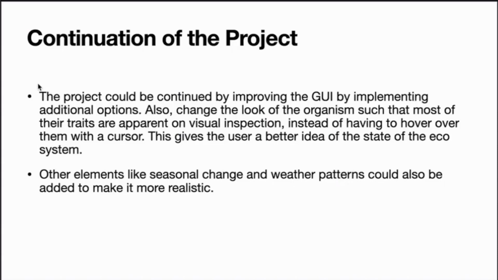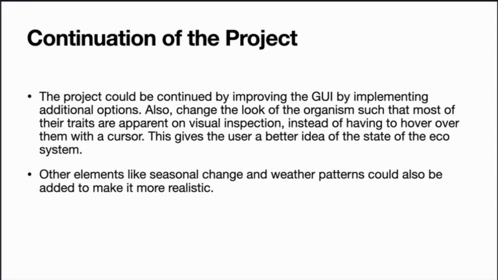A possible continuation of the project could be improving the GUI by adding more options a user could use to undo previously selected terrain features. Also, visually it could be changed such that the traits of an organism could be spotted simply on visual inspection.